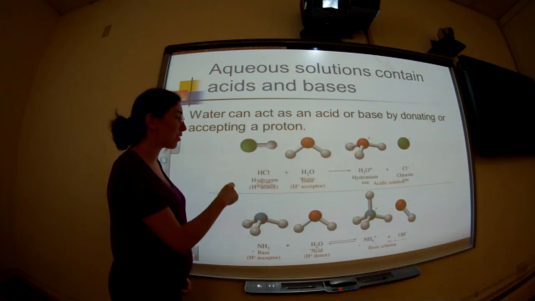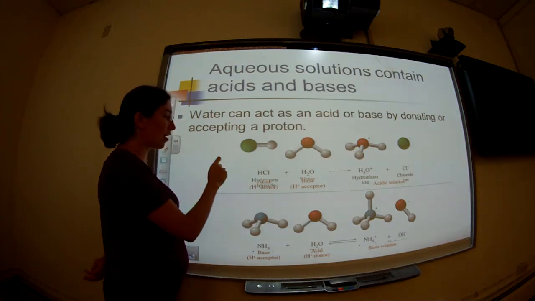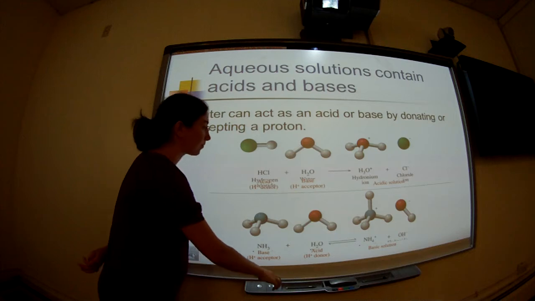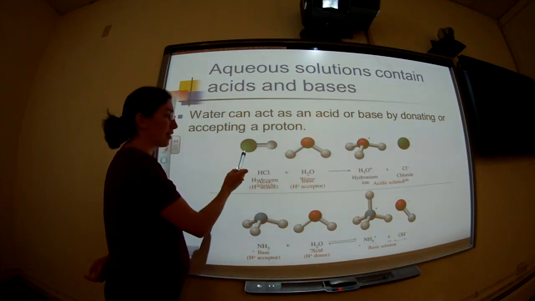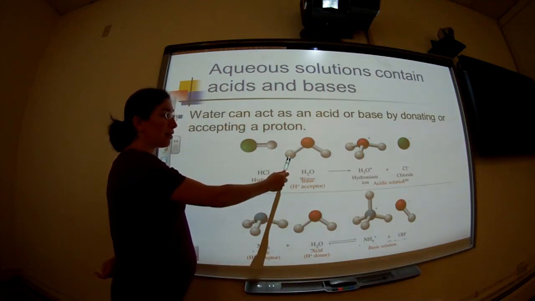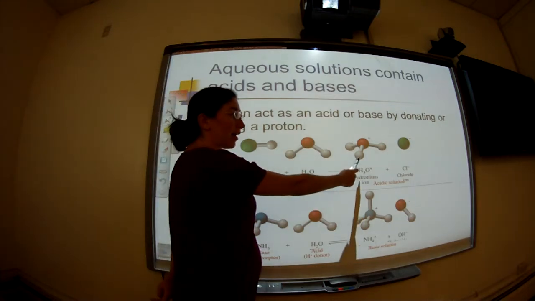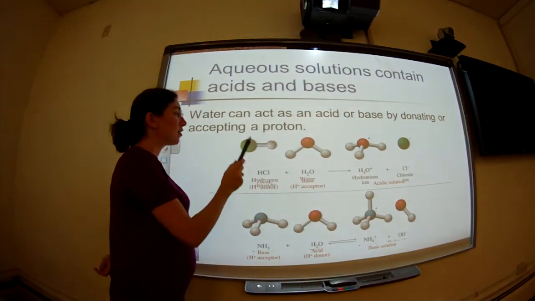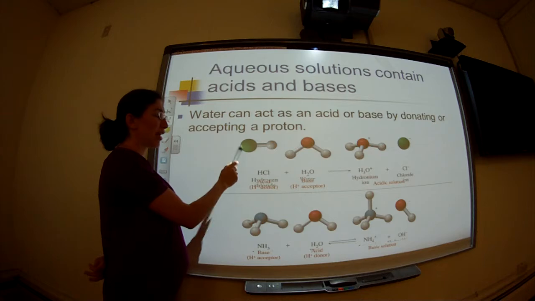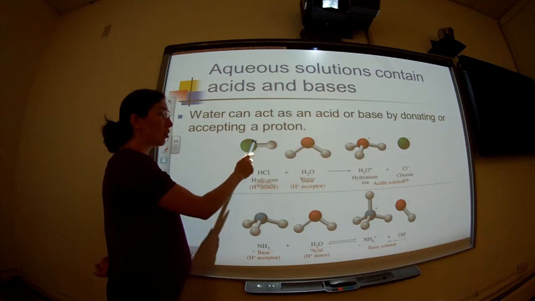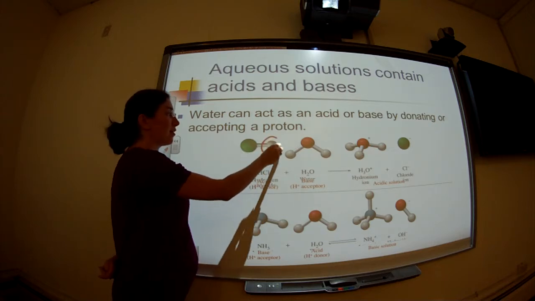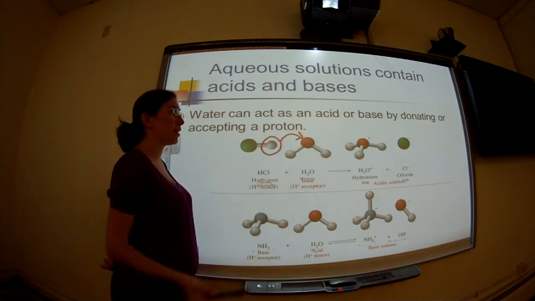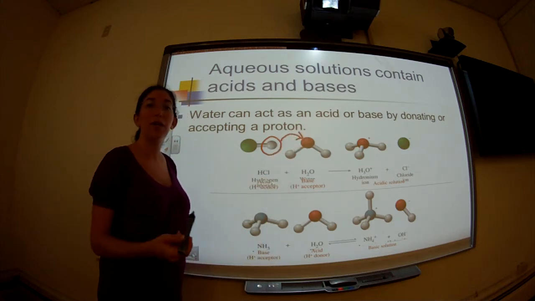So for example, here, there's some weird text overlap on my slide, but the HCl, the hydrochloric acid, is mixed with water to form hydronium ion and chloride ion. So the HCl loses this hydrogen that's then going to be donated to the water, which accepts it.